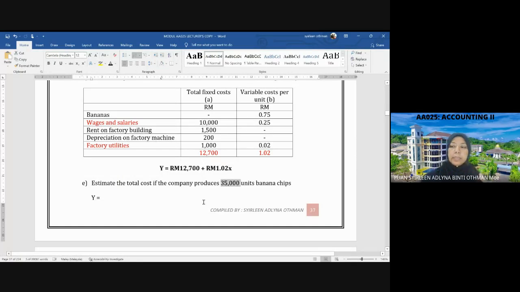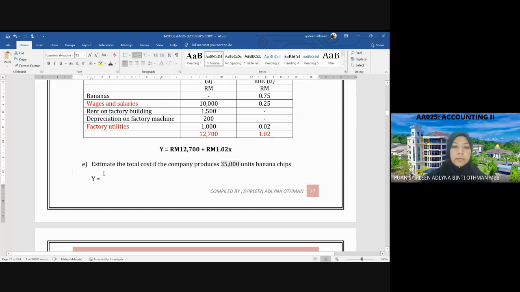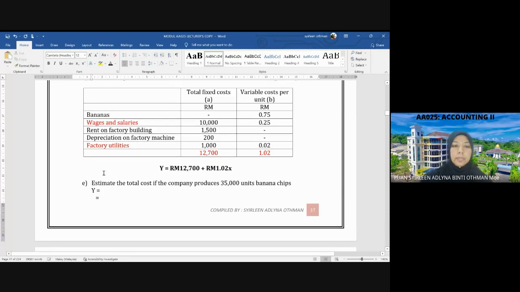In your table tadi, you cuma ada untuk 21,000 dengan 27,000 saja kan? So bila you dah gunakan dan bentuk cost function ni, I can use this cost function to estimate my total cost. Okay, so kita boleh guna ni untuk kira lah. Alright, okay.